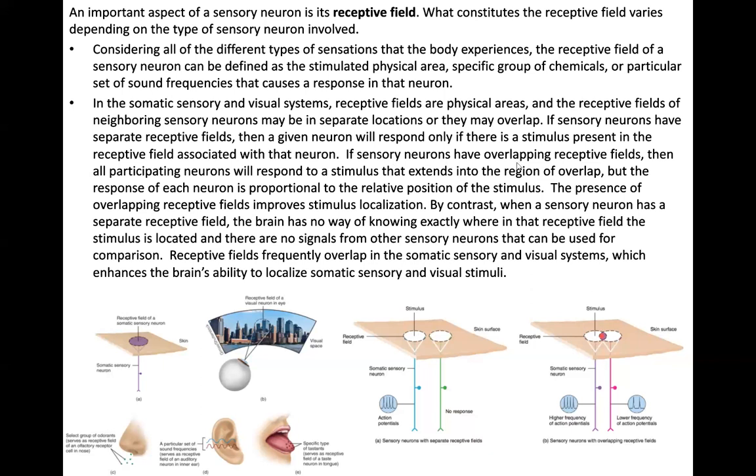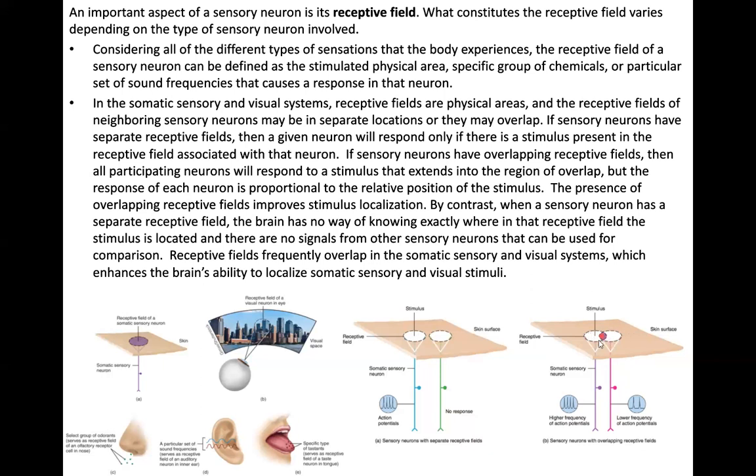If the sensory neurons have overlapping receptive fields, like we show here, then all participating neurons will respond to a stimulus extending into the region of overlap, but it's not going to be equal in number of action potentials. So looking here where they're overlapping, and we shaded the area that's overlapping, notice the stimulus is occurring here, which is outside of this receptive field.